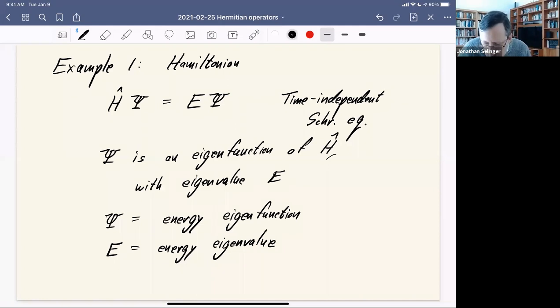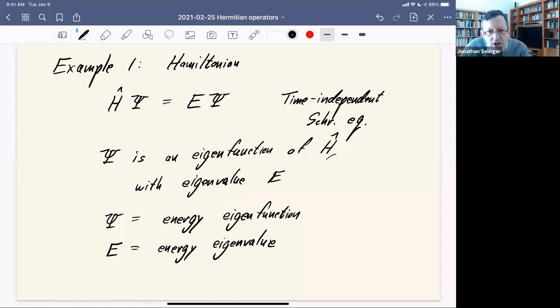And this is telling us that, if we have one of these special solutions of the time-independent Schrodinger equation, then there is a definite energy, that there's no uncertainty in the energy.